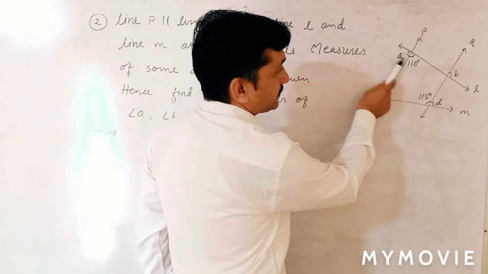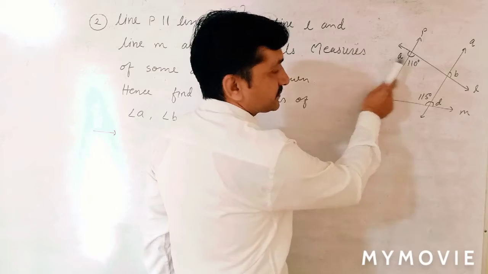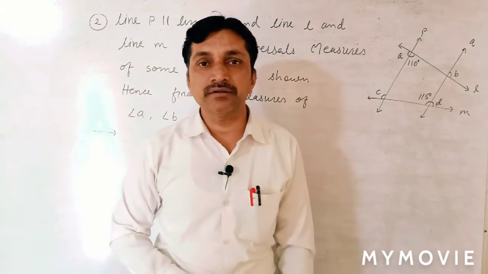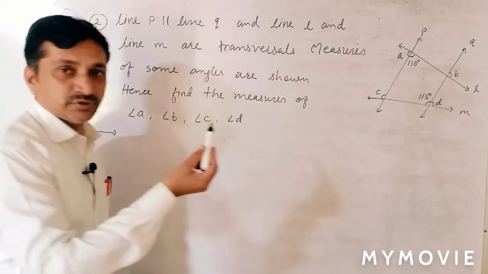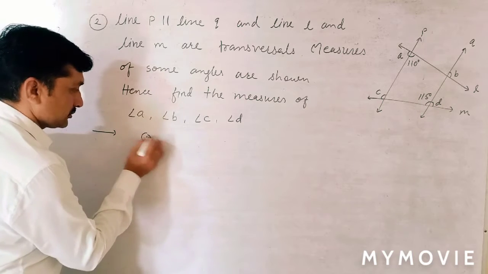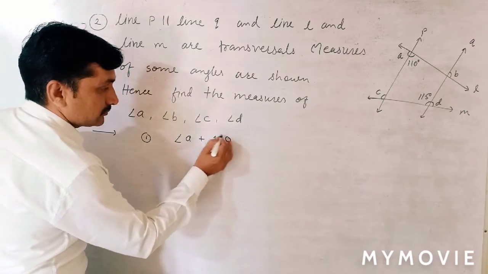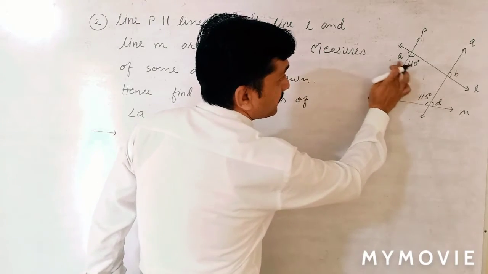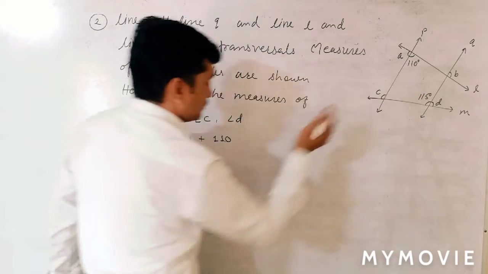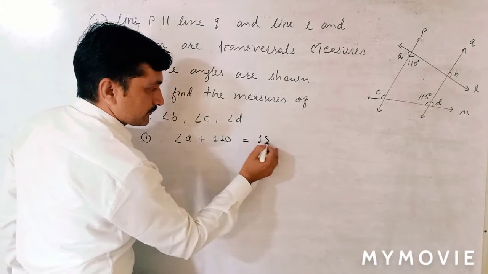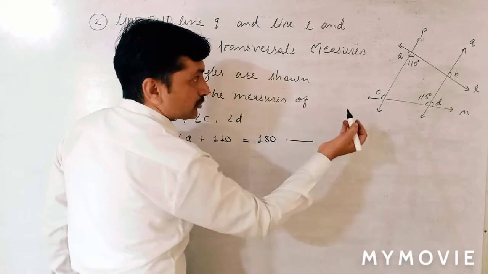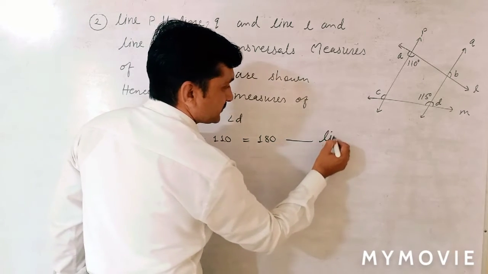A and 110 are linear pair angles, and linear pair angles are supplementary. That's why their sum is 180. First number, angle A plus 110 is equal to 180. Reason: linear pair angles.